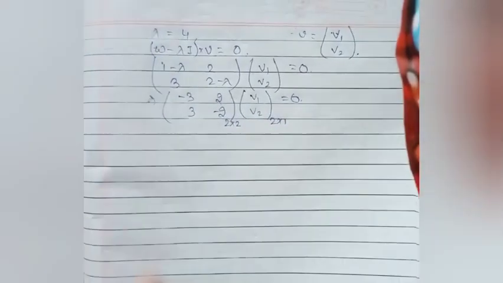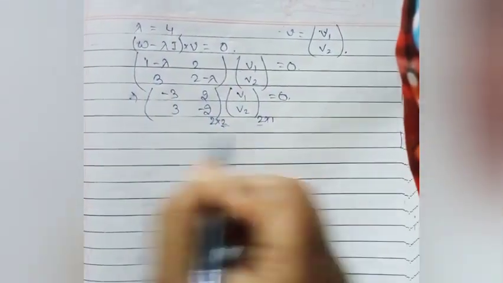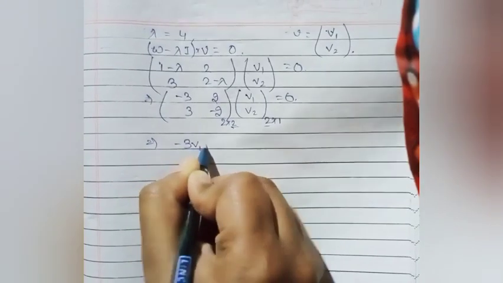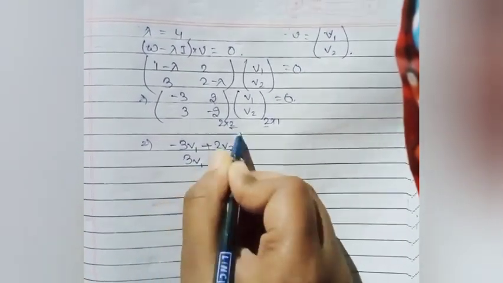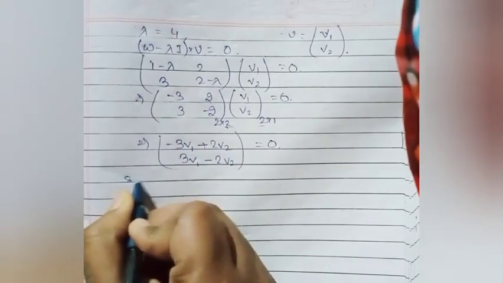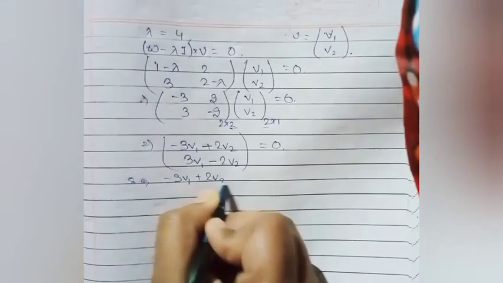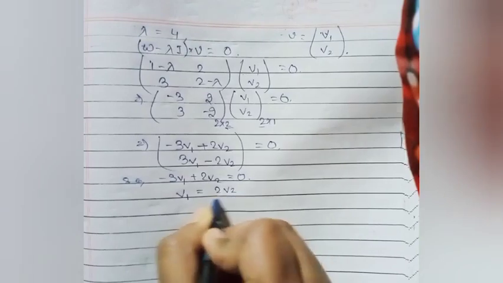After multiplying, we will get a matrix of order 2 into 1: minus 3 v1 plus 2 v2 and 3 v1 minus 2 v2. Right. So we can say that minus 3 v1 plus 2 v2 equals 0. That means v1 can be written as 2 v2 by 3.